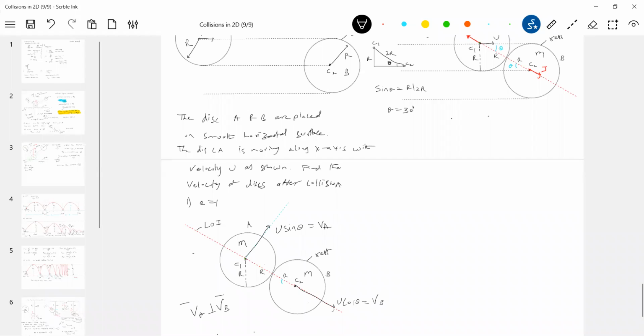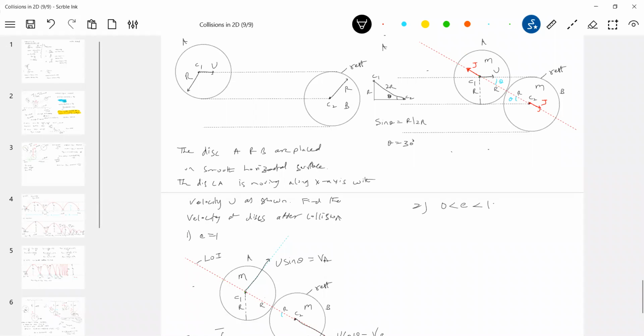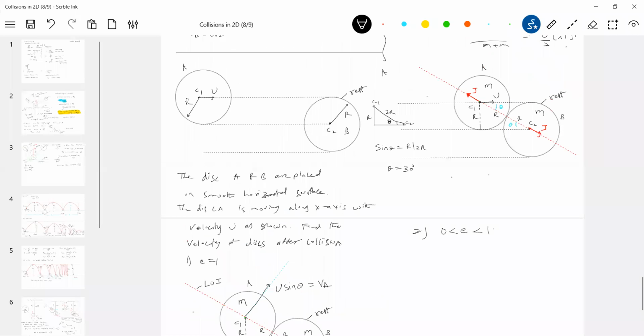Let's see the second case, e between 0 and 1. Same diagram I should bring, no? What will happen to that u sin theta for this impulse? It will remain as it is. So therefore, we have to discuss the whole problem along line of impact and perpendicular to line of impact.